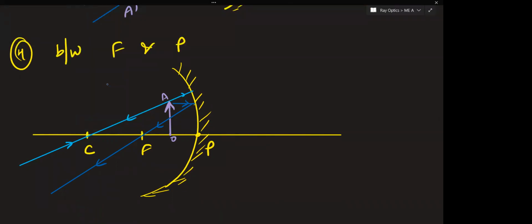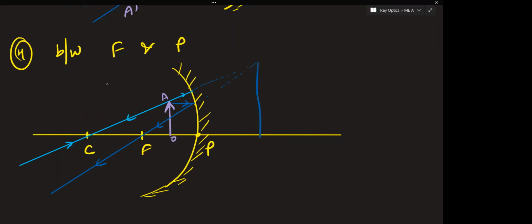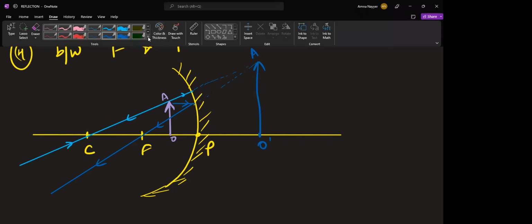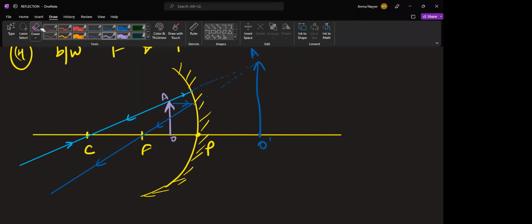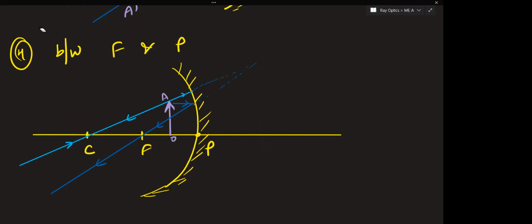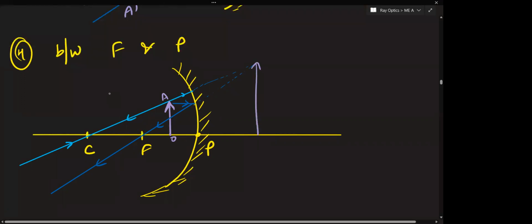But if I produce and extend these, the rays appear to meet at this point. So this is my image O dash A dash.